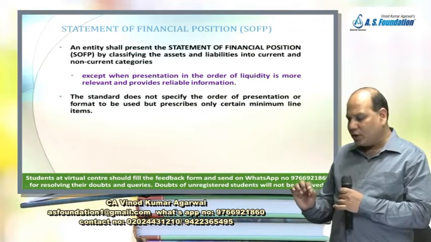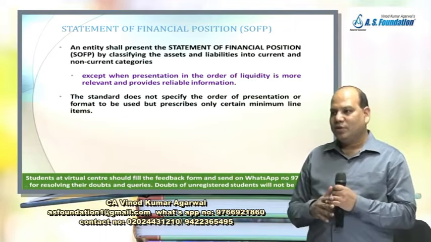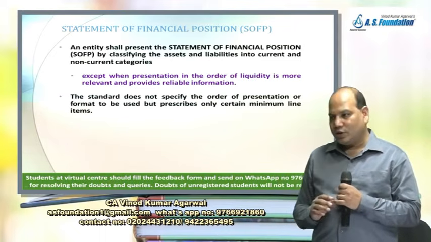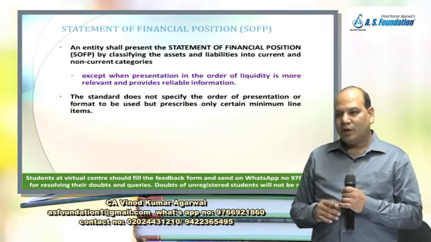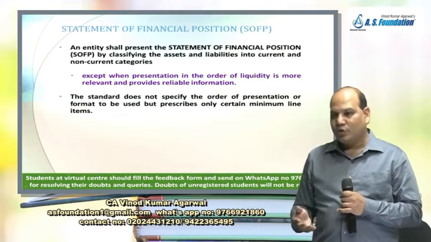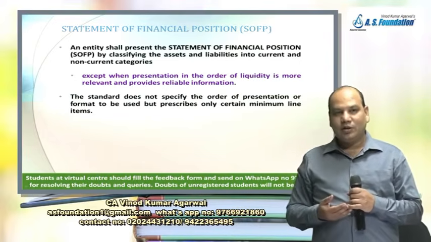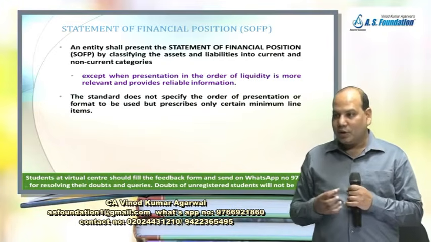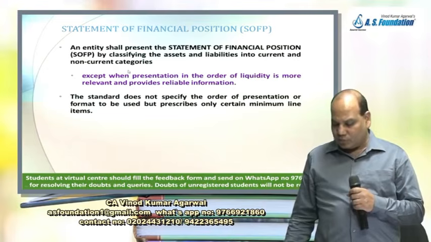Normally, banks and NBFCs or companies in the financial sectors, probably they will follow this classification. So banks and financial institutions can follow this. It may be relevant for them to understand their liquidity. In their cases, liquidity is very important, like financial institutions. But in general, companies do not follow this format.